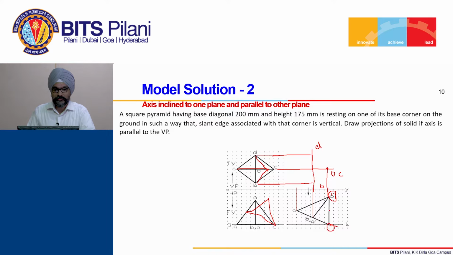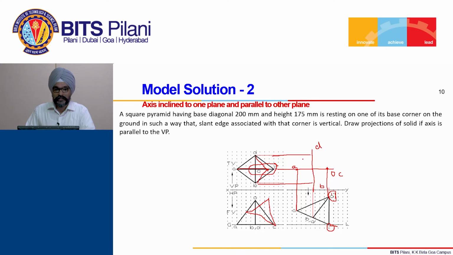From here you draw the vertical up, you will get the O and C on this line, and O and C from the previous top view are also taken up. Similarly for A, the position is here.